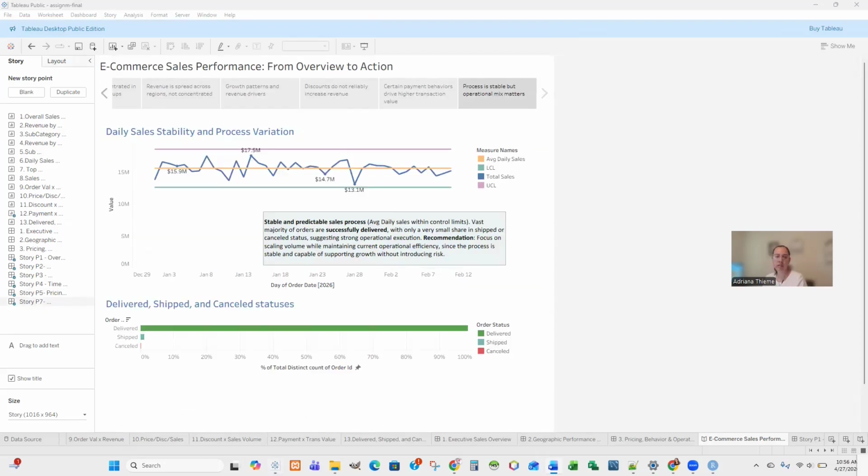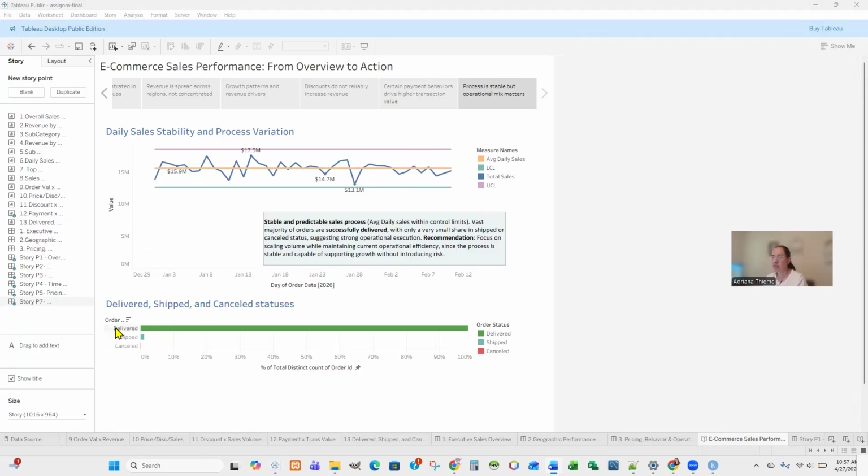And at this final stage of the analysis, we shift from what drives revenue to how reliable the business process is. This control chart shows that the daily sales stay within the limits. The blue line here is within the limits, the top and bottom, LCL and UCL. So sales vary slightly, which means that the sales process is stable and predictable with no major surprises.